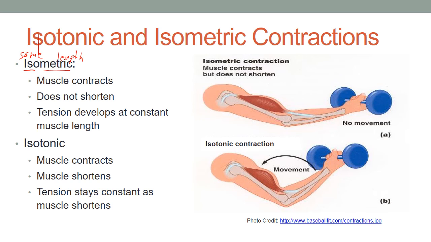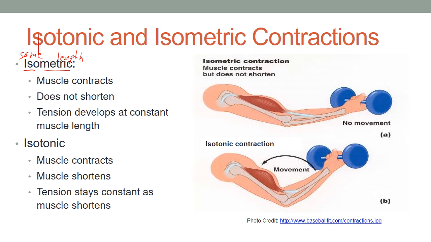A meter is a unit of length. So an isometric contraction contracts with the muscle at the same length. So why would we ever want to do that? Well, let's say you're carrying a grocery bag across the parking lot. Generally, you're not picking the grocery bag up and setting it down, up and down, up and down. You're carrying it at the same muscle length.